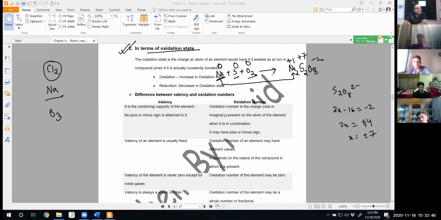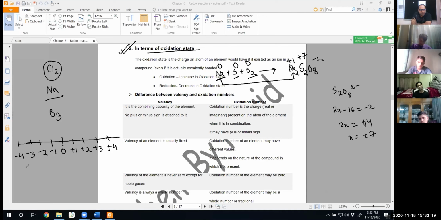The oxidation number is usually measured or remembered using a number line, where this is 0, this is +1, this is +2, this is +3, this is +4, this is -1, this is -2, this is -3, this is -4.